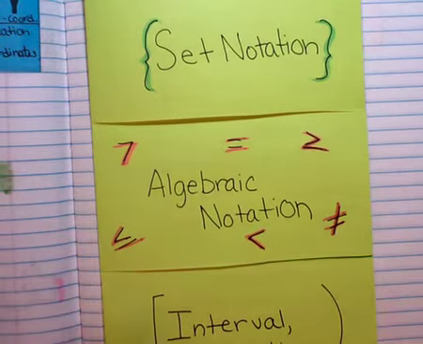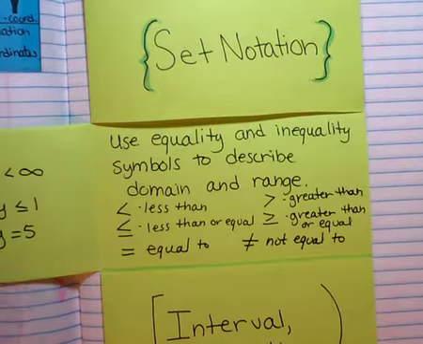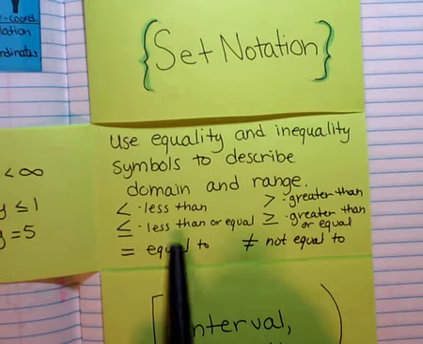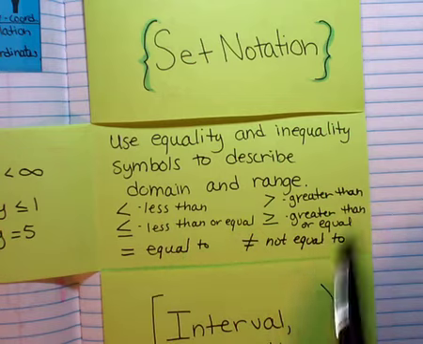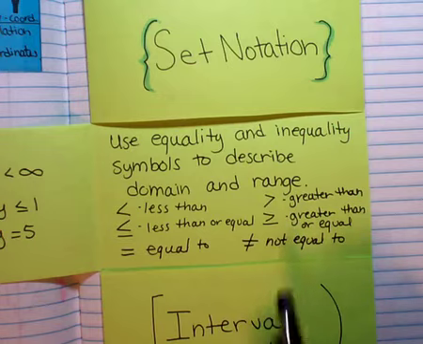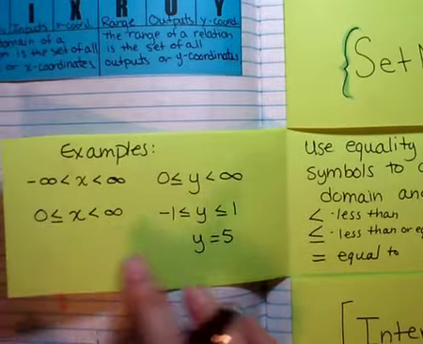All of those are algebraic notation. So if we're going to use algebraic notation, we're going to use the inequality and equality symbols to describe domain and range. And I went ahead and I listed out, reminding myself of what each of those symbols means, so that if I don't remember, I can come back and I have a place that I can look. And then on the left-hand side of that flap, we're going to write some examples.